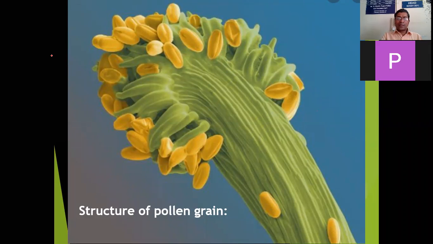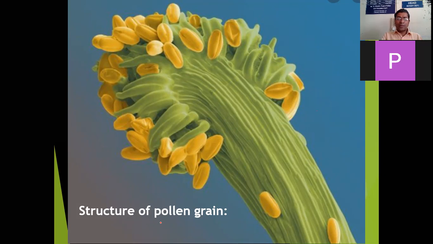So these pollen grains are very important, because when they travel their distance up to the stigma, that particular process is called pollination. That pollination mechanism we are going to study later, but first we will see what a pollen grain is.